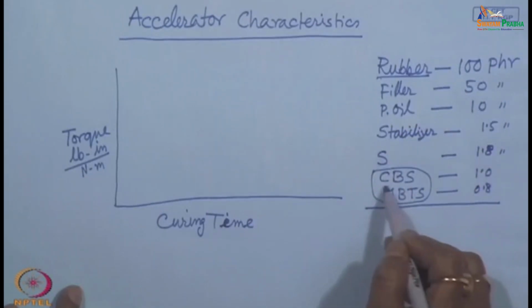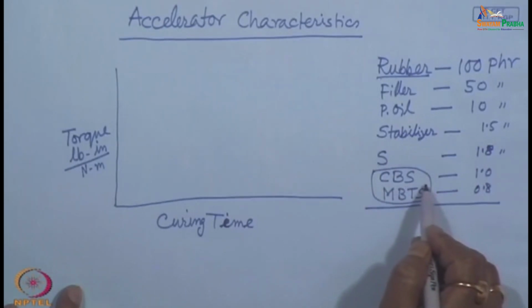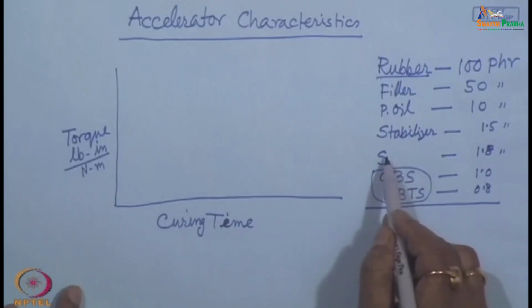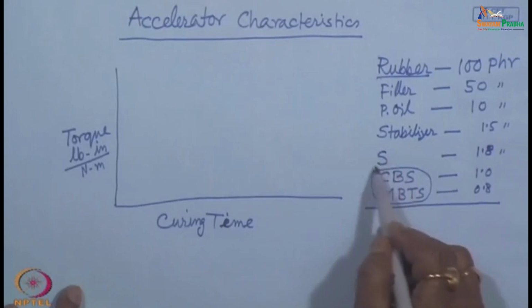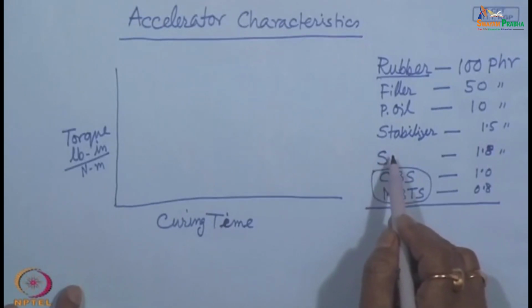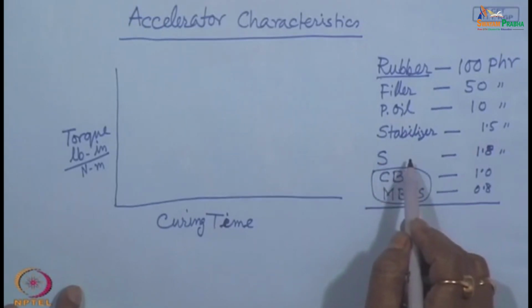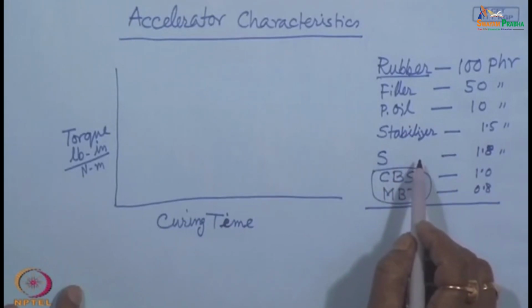If this accelerator is present, that accelerator decomposes to form some intermediate chemical compounds which form some complex with sulfur, that is known as sulfurating complex. That sulfurating complex produces some sulfur atom from the S8 ring of sulfur. That sulfur atom reacts with the diene rubber to form a cross-link bond.